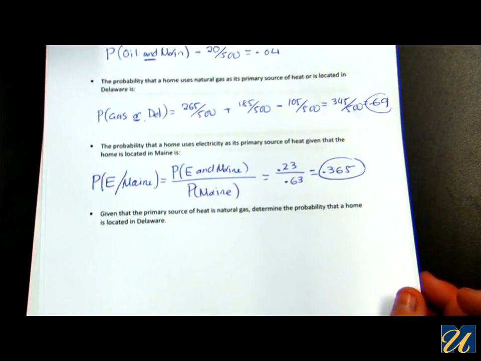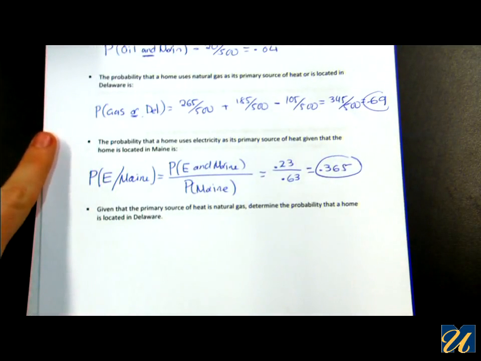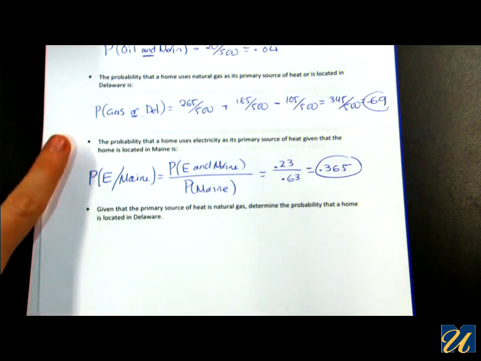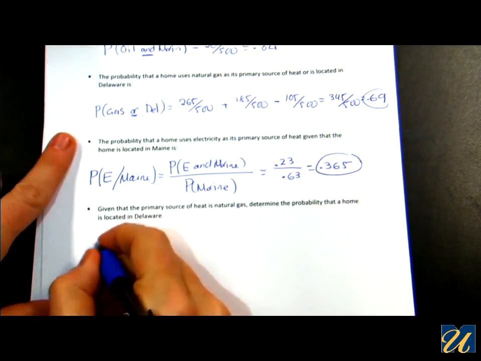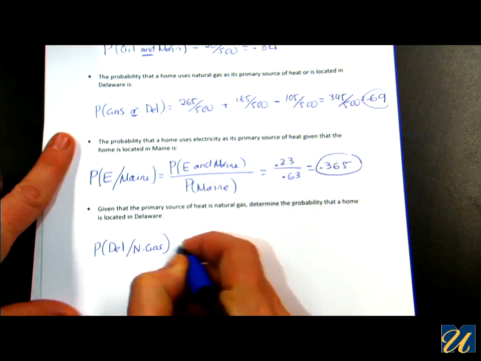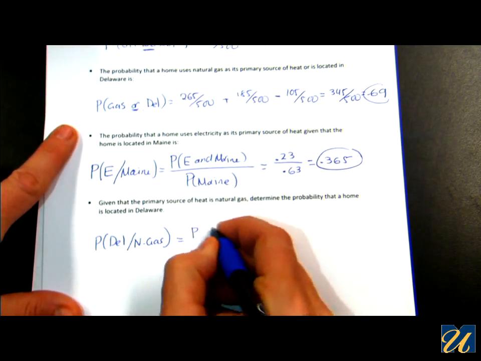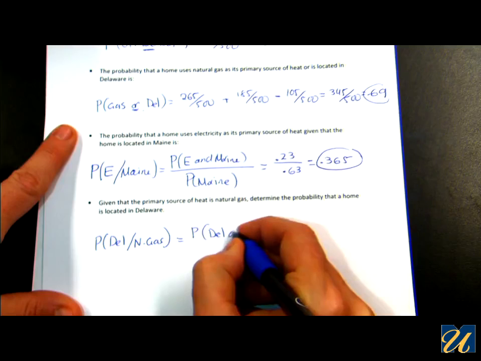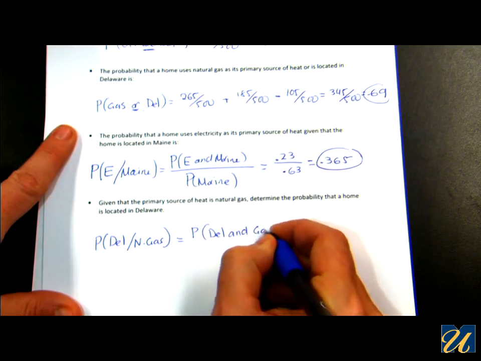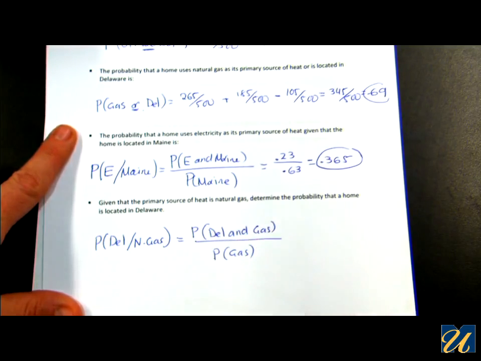Given that the primary source of heat is natural gas, determine the probability that a home is located in Delaware. So we want the probability that a home is located in Delaware given that it uses natural gas. So this will be equal to the probability of being located in Delaware and using natural gas over the probability of using natural gas.